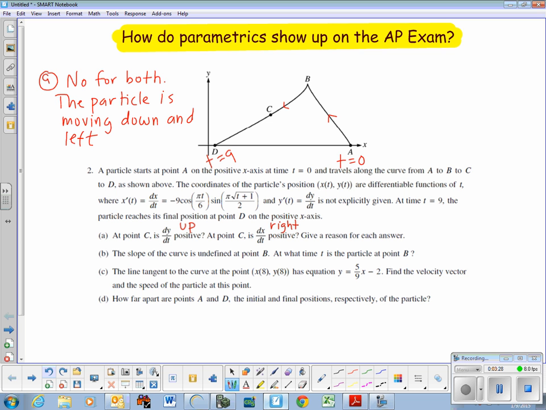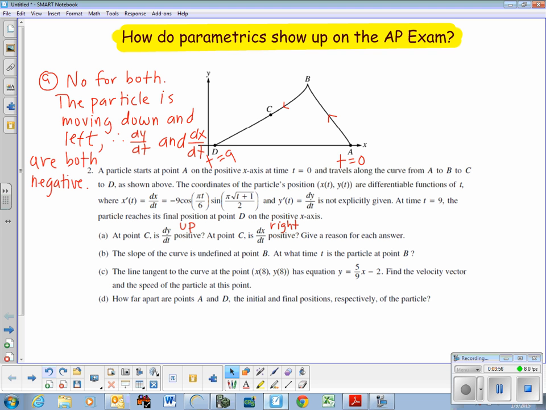And what we know about down and left, which means, therefore, all right, so it's not moving up and right, it's moving down and left. Both of those things are negative.